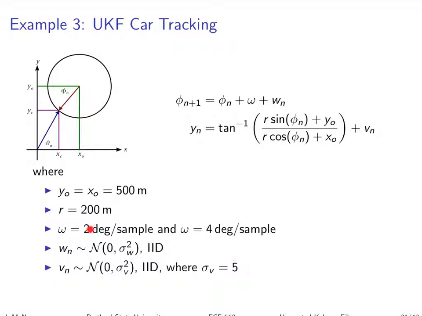Well, it's only 2 or 4 degrees per sample, so it's not going from one sample here to one sample over there. And you can't tell, did it go forward or backward all the way over to the other tangent point? It's a pretty slow car. If it was 4 radians per sample, that'd be quite different.